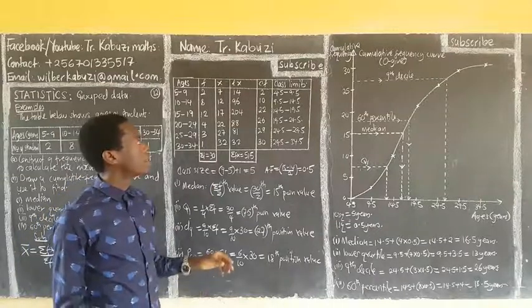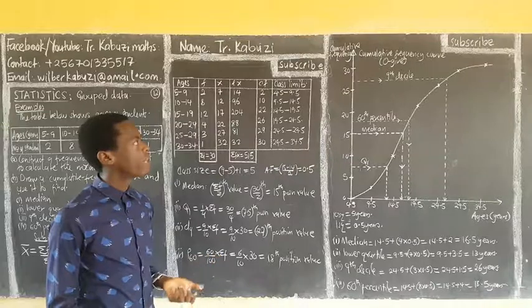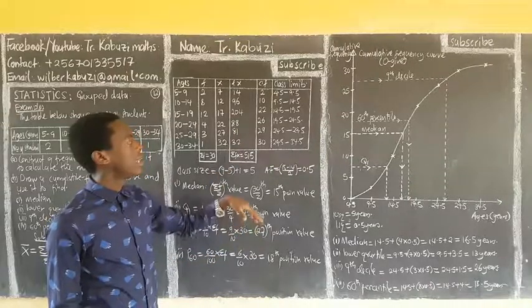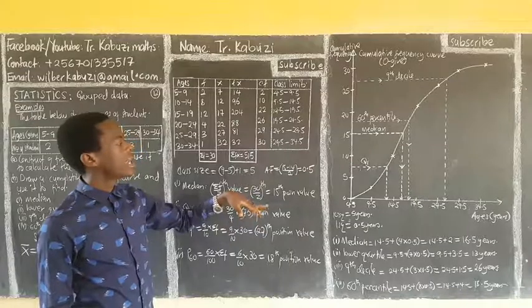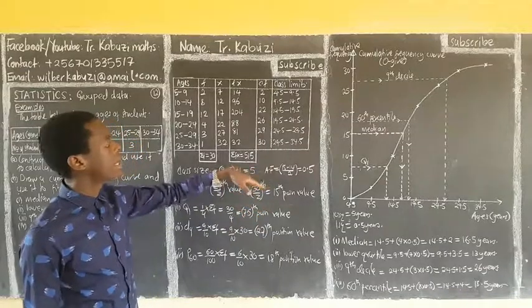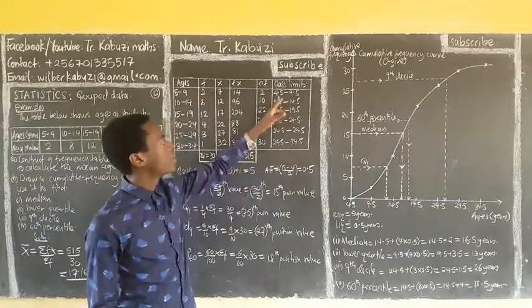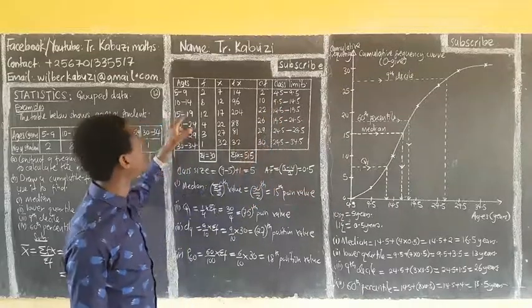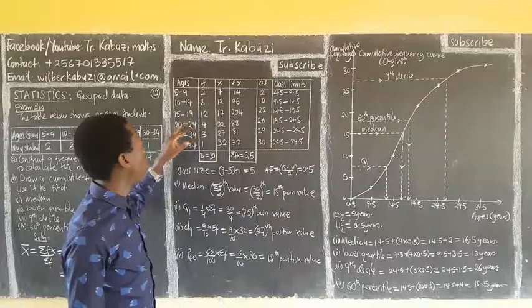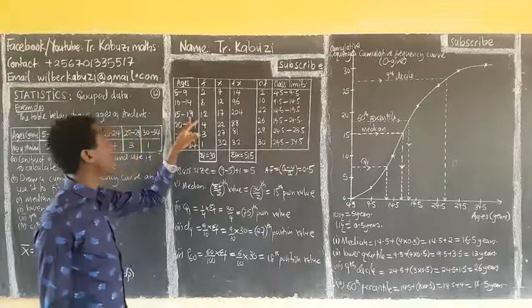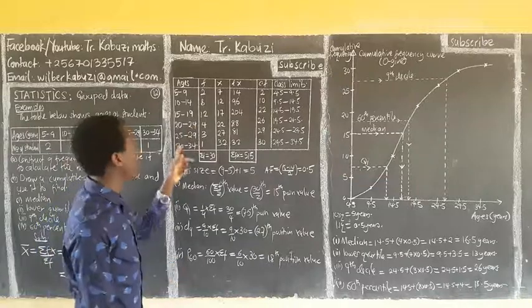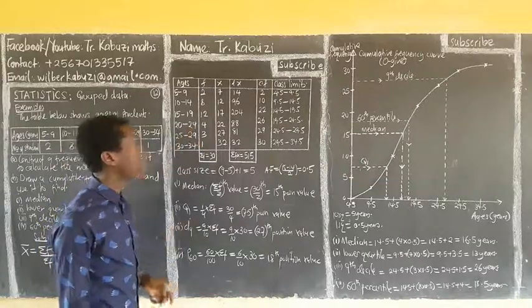Then, because the geometric frequency curve is drawn against the ages, we need the class limits. So you need to go under the adjustment factor. How do we get it? You get this minus this, divided by 2, as long as you are getting this minus this.